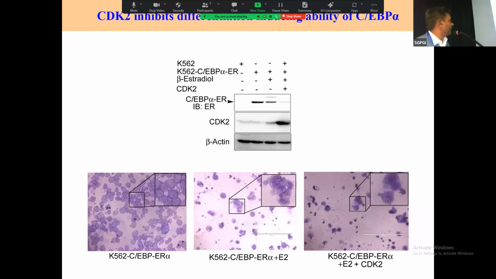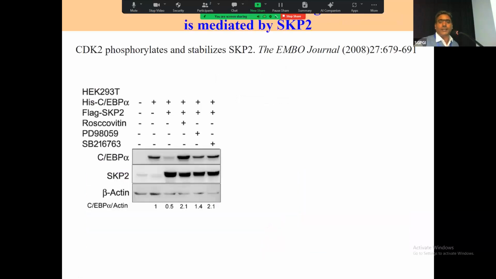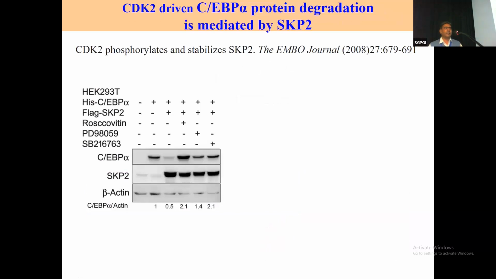So, taken together, our findings show that CDK2 can inhibit CBP alpha expression and protein turnover, and thereby can impact its functions. Now we were intrigued to find out how it is inhibiting CBP alpha protein level when it is not an E3 ligase.